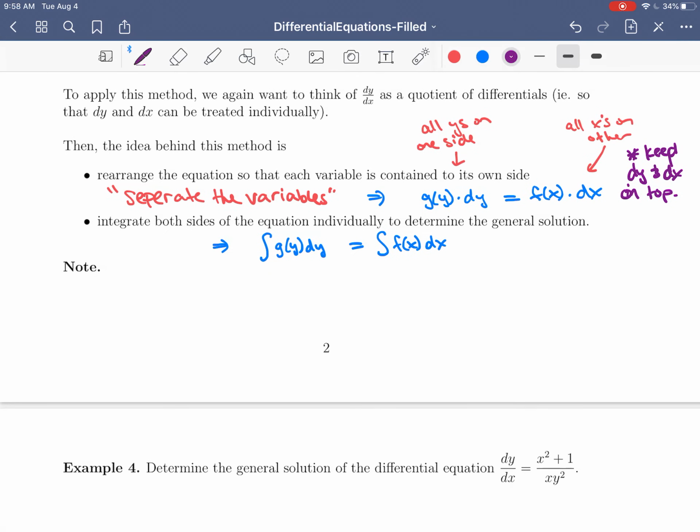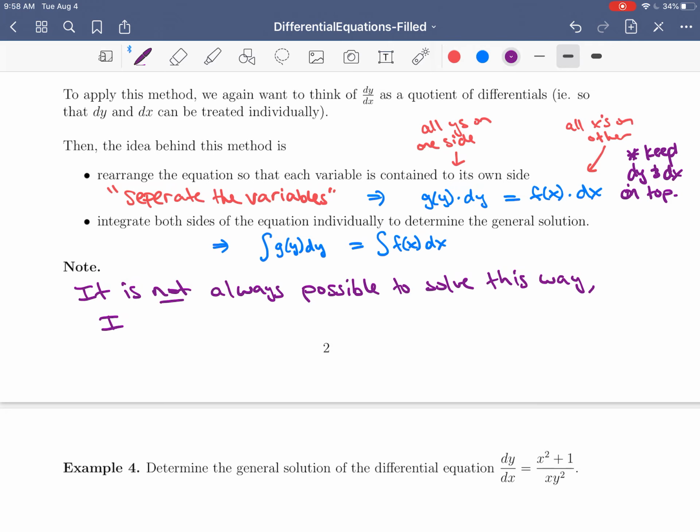Now, my note here is, again, like I said, it is not always possible to solve this way. If you can, we call the differential equation, which I sometimes shorten as DE, we call the differential equation separable.